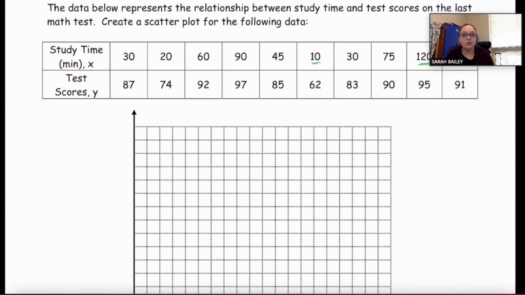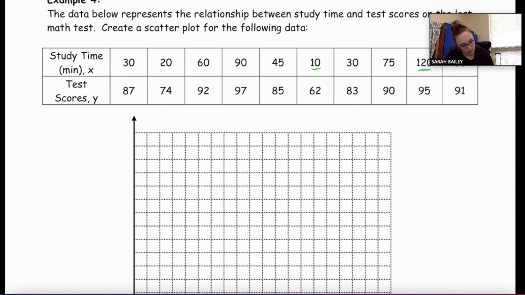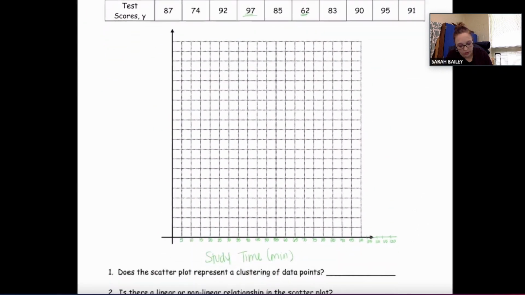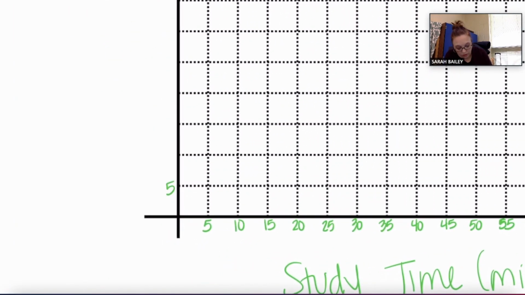For my test scores, it looks like my lowest test score is a 62, and the highest is a 97. So the test scores, you're thinking about grades from 0 to 100, and so I can probably just count by fives here all the way to 100.